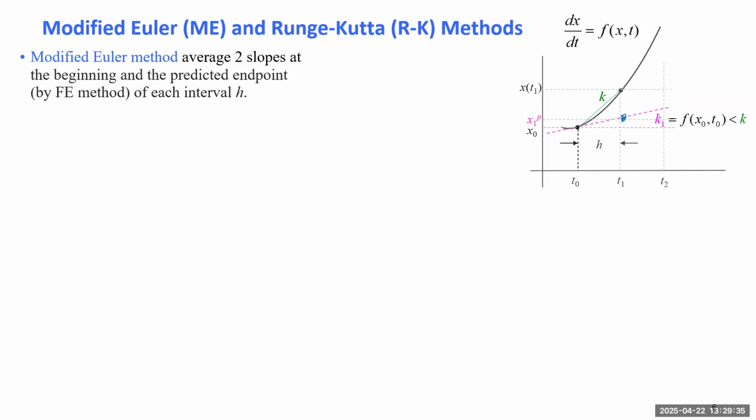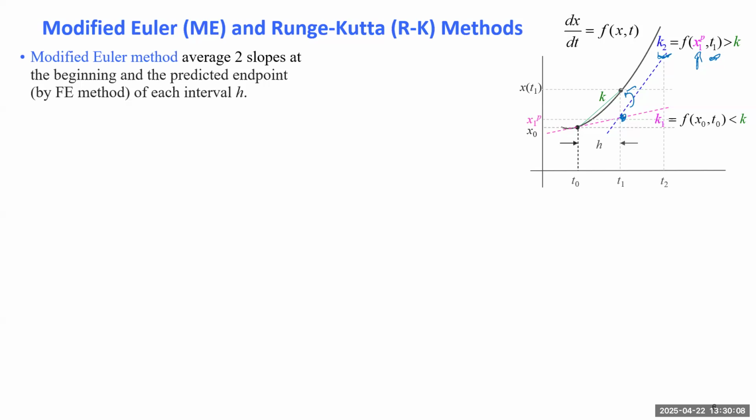Once you know this point, you plug its value into this nonlinear function to get the second slope. You plug in the calculation from the first step, and also use the time at the second step, to give you a new tangent. This new tangent is an approximation of the tangent line at the ending point.